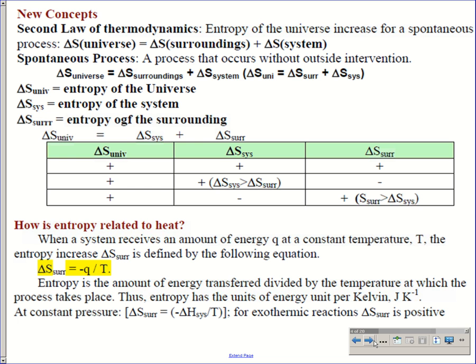And as you're reading, write down what the word spontaneous means, because that's a definition that you just need to know. It's not that it happens immediately, it's that it happens without outside intervention.